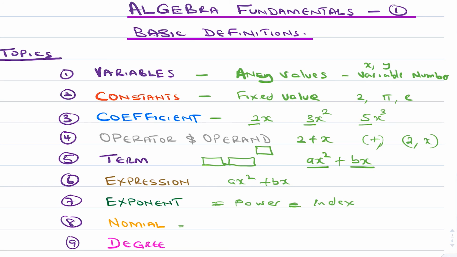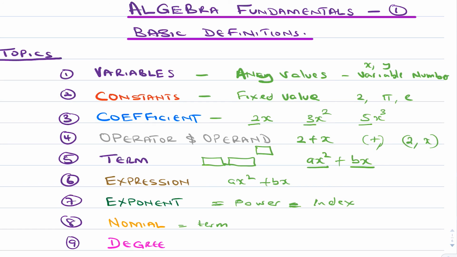A nomial is equal to term. That's what nomial means. So one term is monomial. 2 terms is binomial. Actually, let me write it in a way that makes sense.